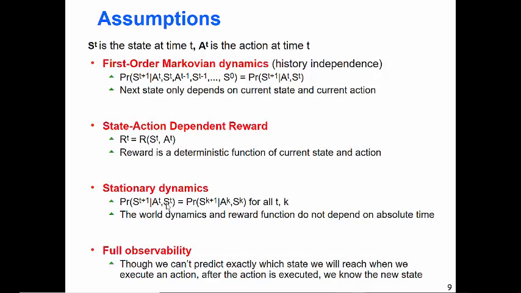But you can also reduce those to Markov decision processes in certain ways, and we'll be talking about this as we move ahead. But for now, we're just going to assume full observability, and we'll move ahead and show how we can relax that later on. So any questions about these assumptions?